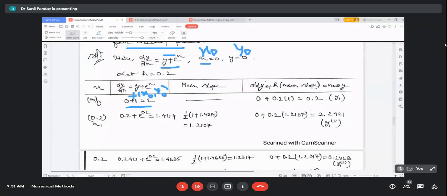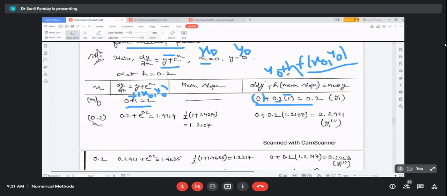So the formula for this is y naught plus h f of x naught y naught. Here h we are taking 0.2, y naught is 0, and f of x naught y naught is from here, it is 1.